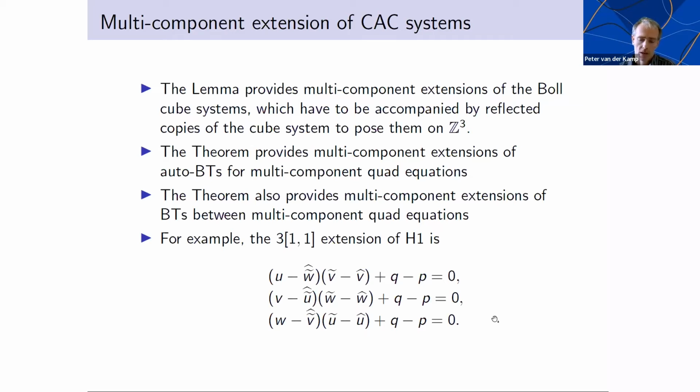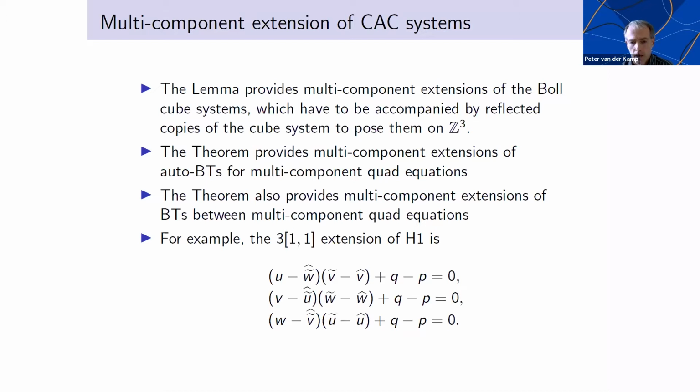So what you get is something like this, the H1 equation. If you just take the first equation here, you think of U equal to V equal to W, you get H1. If you do this extension, you get this coupled system.